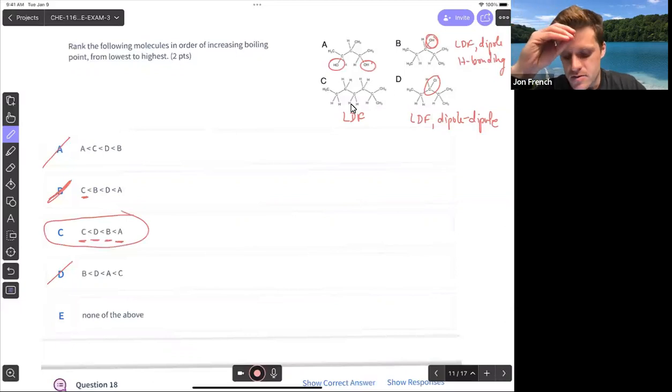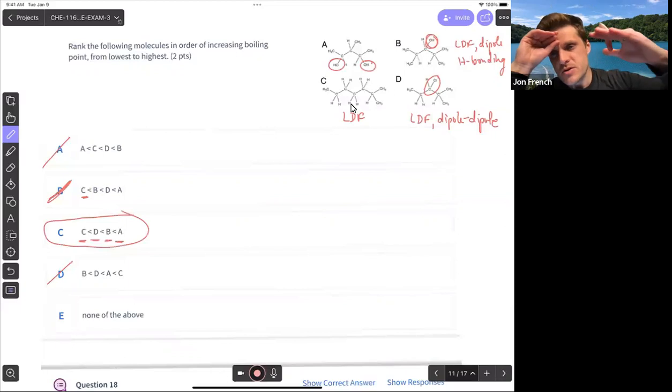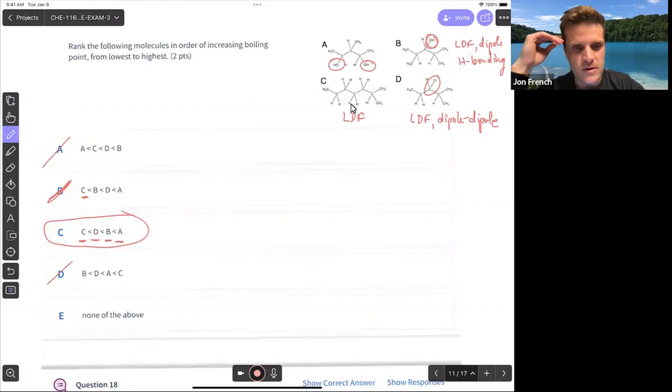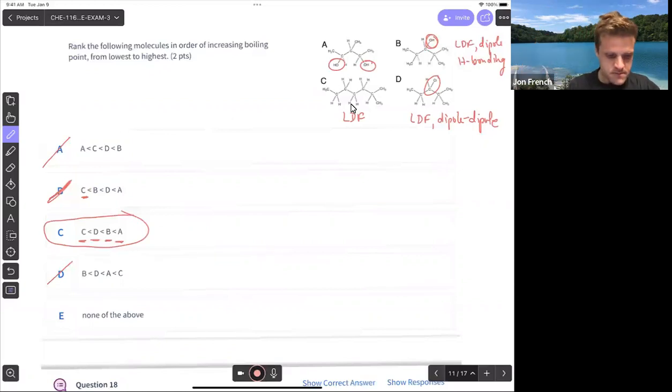So I want to go to which one has the strongest intermolecular force. London dispersion force, weakest force, lowest boiling point. Then we add in dipole-dipole, a little bit higher in strength, higher boiling point. We add in hydrogen bonding, right? Strongest force, it's going to have the highest boiling point of those listed.